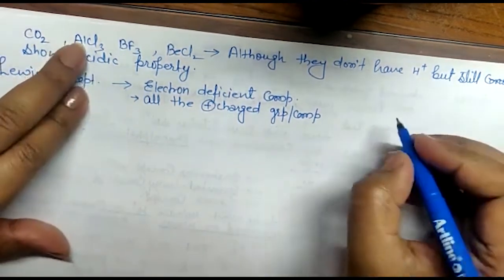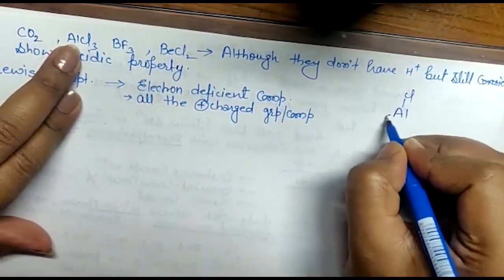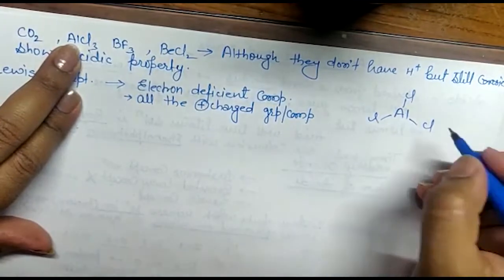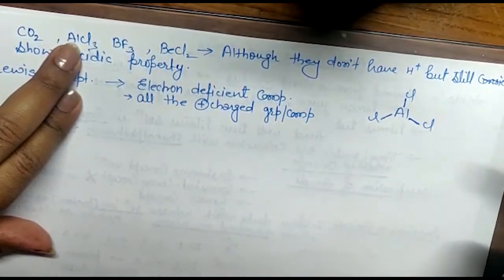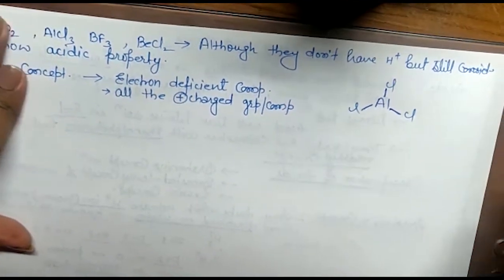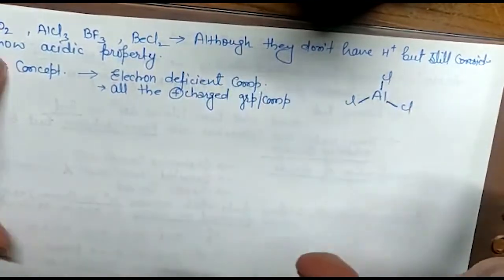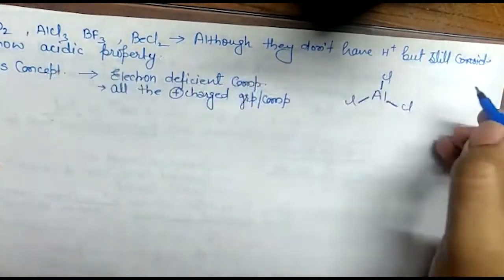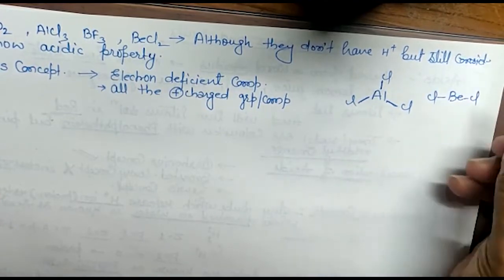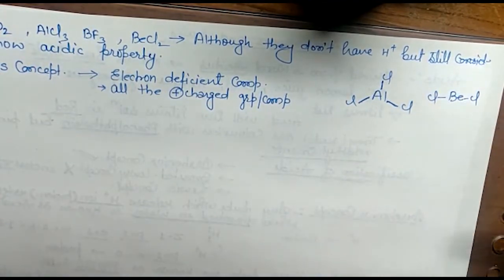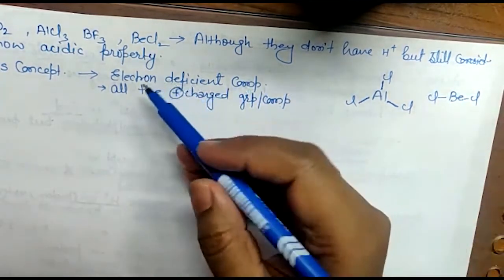If we draw the structure of AlCl3, aluminium 1, there are 3 Cl, so we will make 3 bonds over here. How many bonds are there? 1, 2, 3. What I explained? At least 4 bonds should be there. There are only 3, so that means it is electron deficient. Similarly BeCl2, if you draw it, BeCl like this, has only 2 bonds, should have 4 bonds but has 2 bonds only. So this is again a Lewis acid.